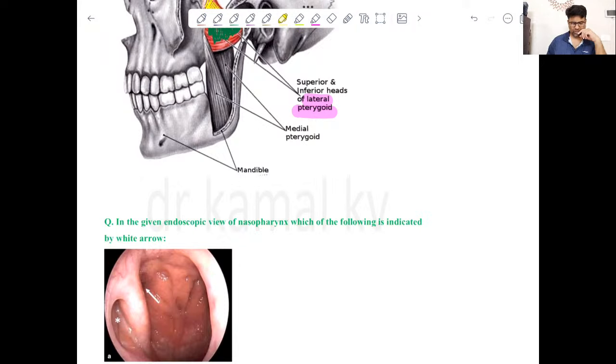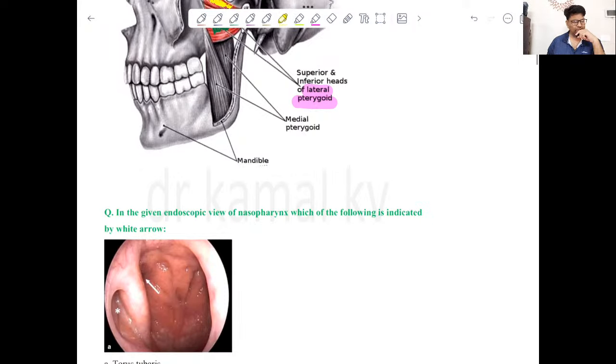What is this structure here? I'm just hiding the options, so let me see if you can answer it without searching for the answer from the options.